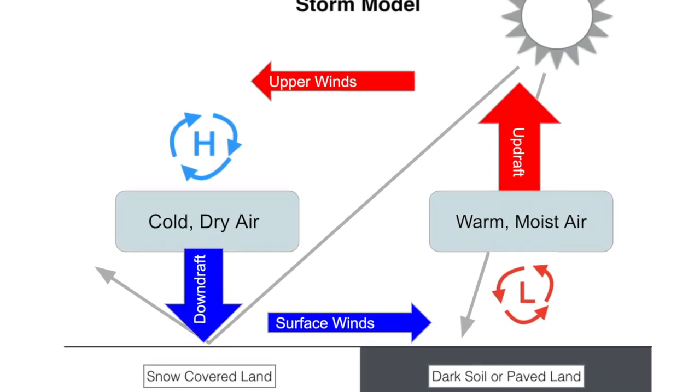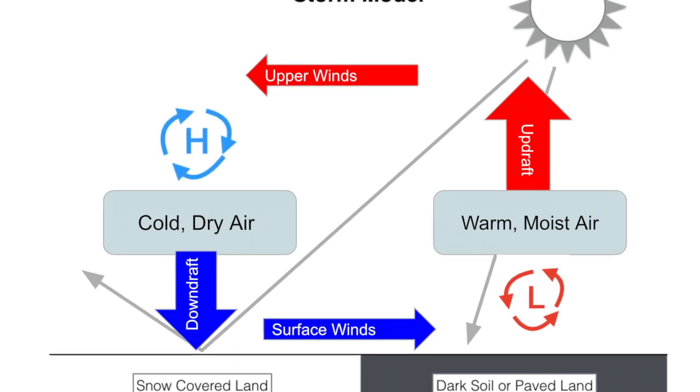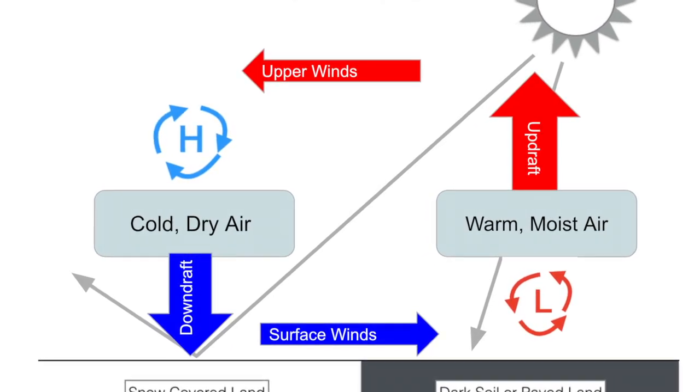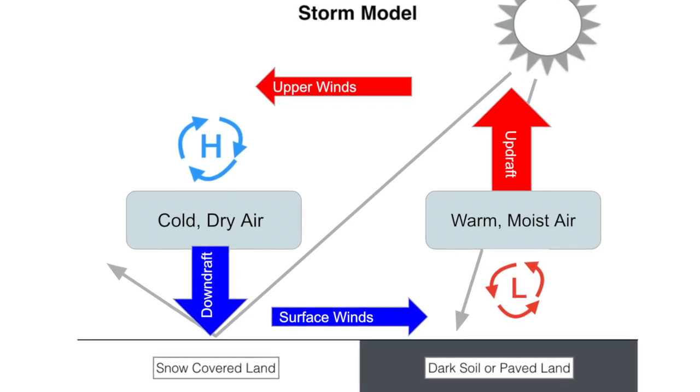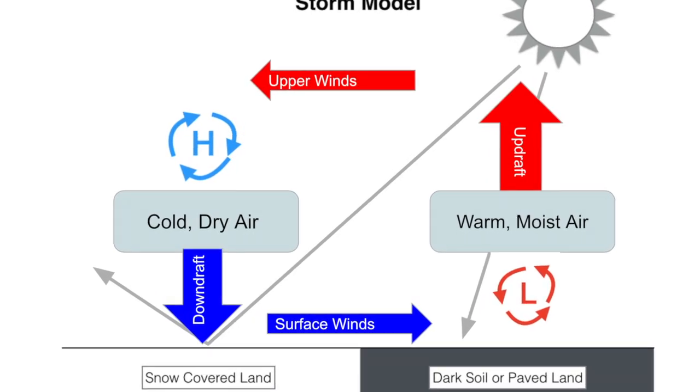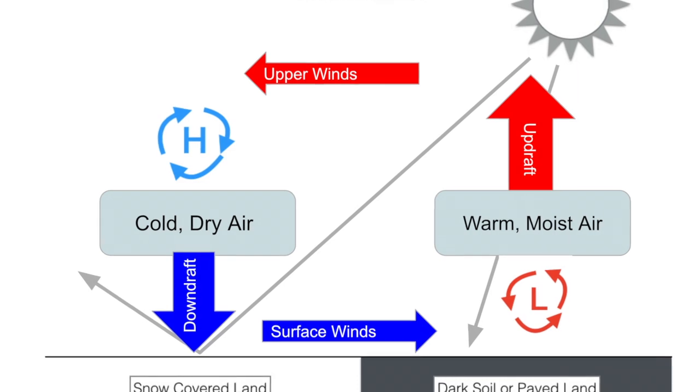These are the added graphics, the H and the L, in that picture, and they allow us to see that this is, once again, a circular flow of air going up near the sun, getting hot, getting pushed over, getting brought back down in a high pressure system as cold air, and then being pushed over by surface winds so that it can become a low pressure system and have warm, moist air again to go back up into the atmosphere. It's that big circle we're talking about. You can see it being drawn with the red and blue arrows.